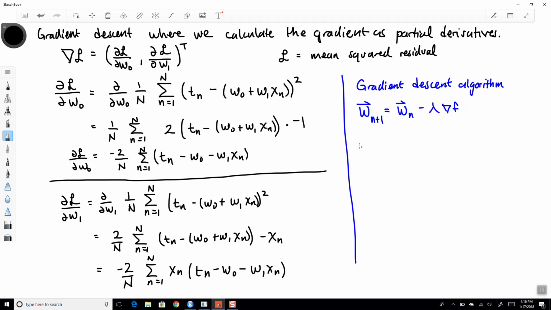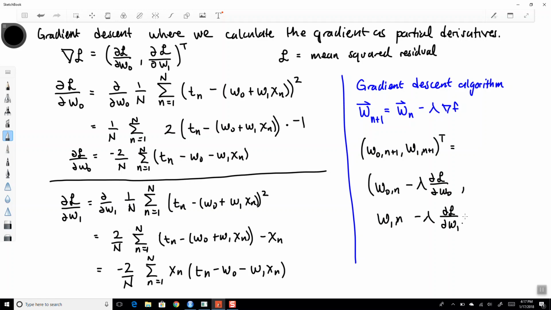So that just basically means that W0 at time n plus 1 and W1 at time n plus 1 is going to be equal to W0 at time n minus some lambda times the partial with respect to W0, and then W1 at time n minus some lambda times the partial with respect to W1.